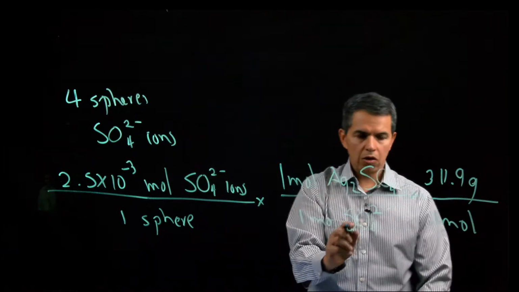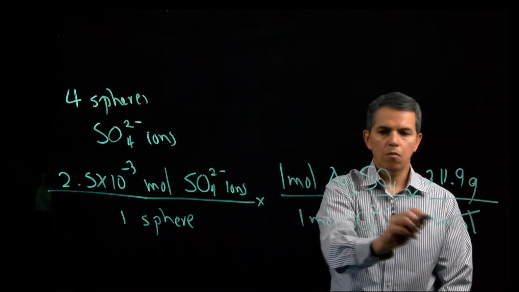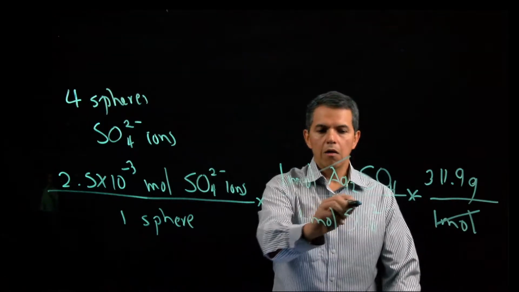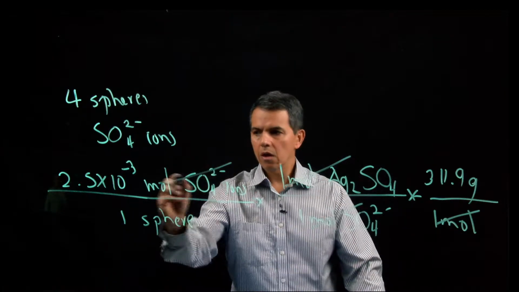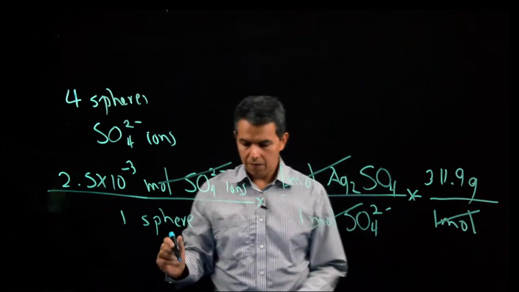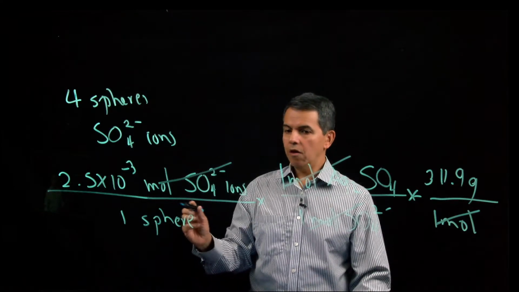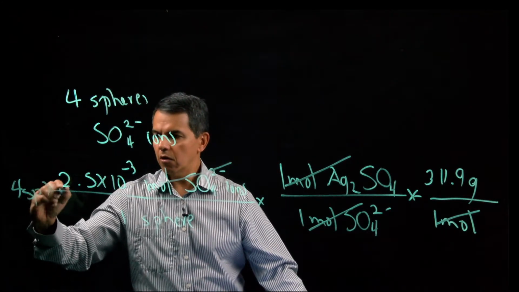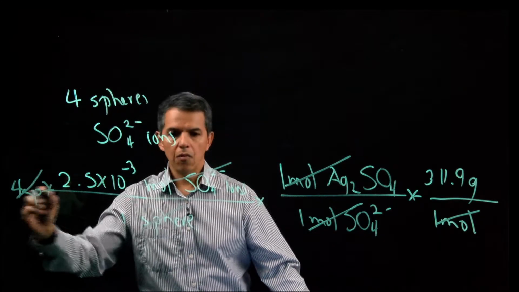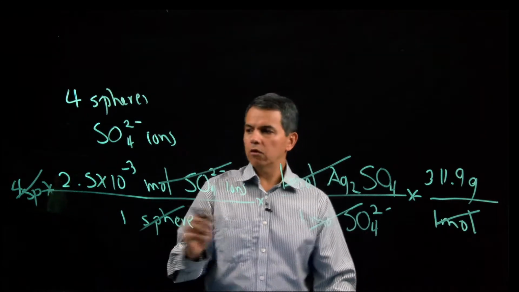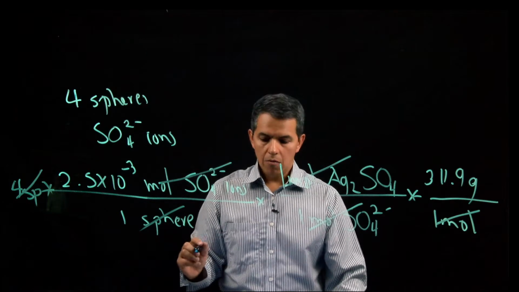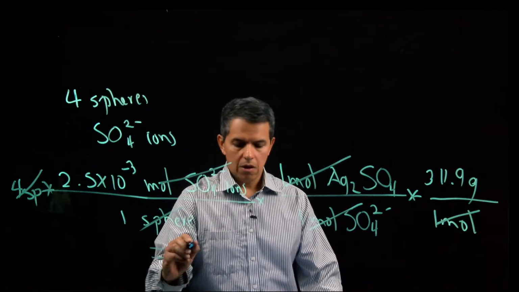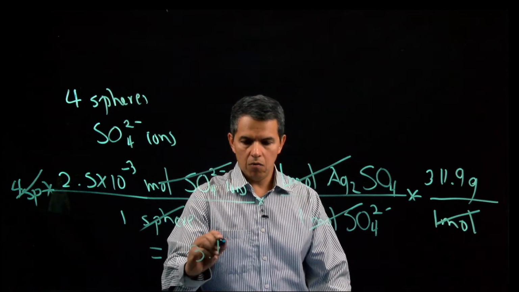So I'm just going to cross out dimensions here: mole of silver sulfate, mole of sulfate, and then we're going to have 4 spheres. I should have here 4 spheres. Cross that out as well. And what we have left, if we do this multiplication, is 3.119.